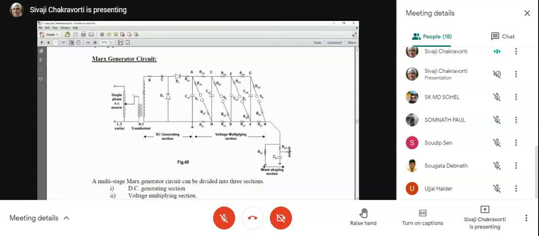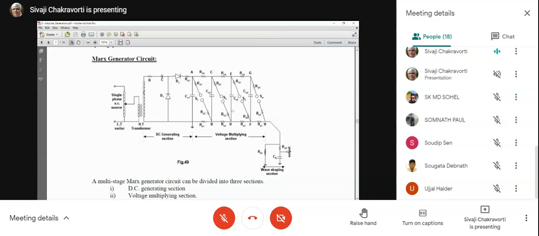If you look at this DC generating section, this is a very typical Cockcroft-Walton voltage doubler circuit. In it we have a low voltage variable source, a high voltage transformer, then one capacitor, two diodes, and a second capacitor.